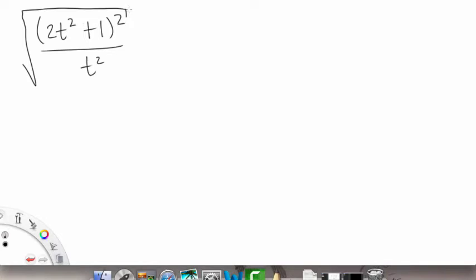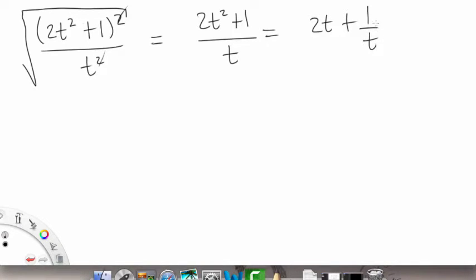But since we have two things that are squared inside, the square root cancels with the exponents. What we end up getting is 2t squared plus 1 over t. You can simplify this even more and say 2t plus 1 over t. That's the magnitude of r prime of t.